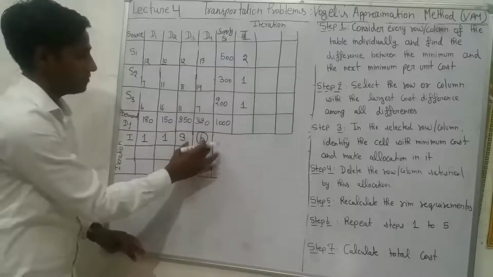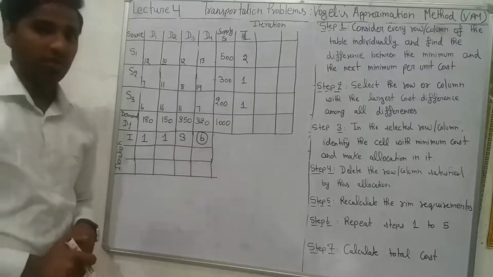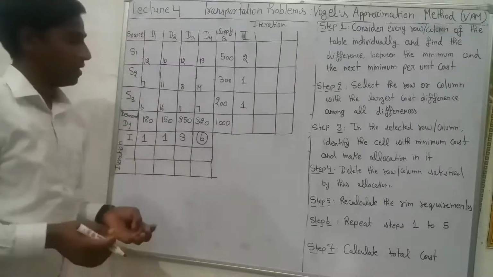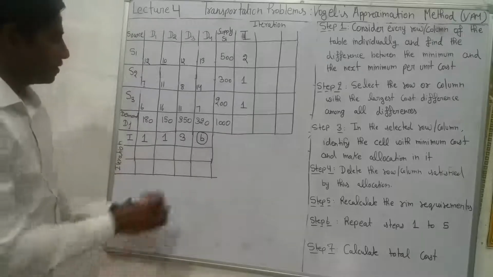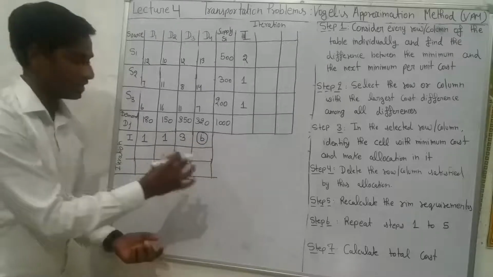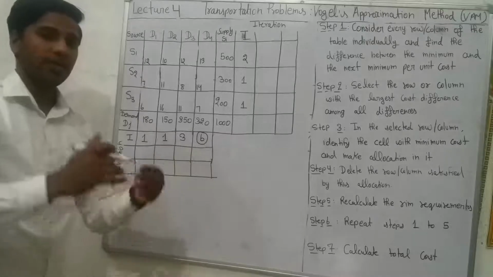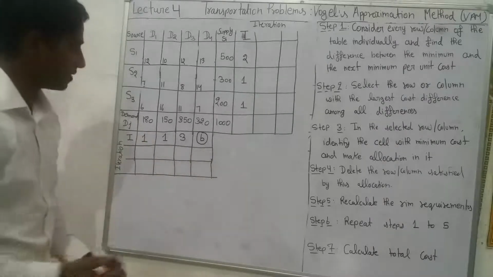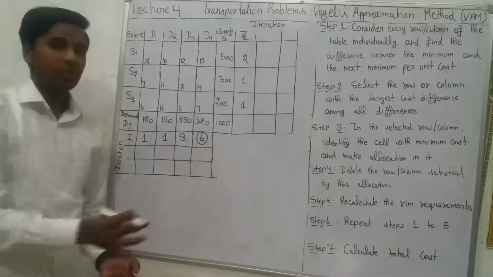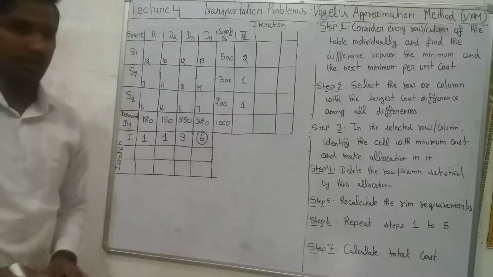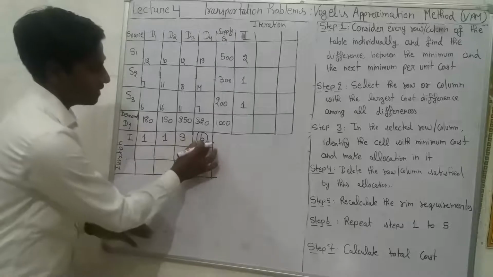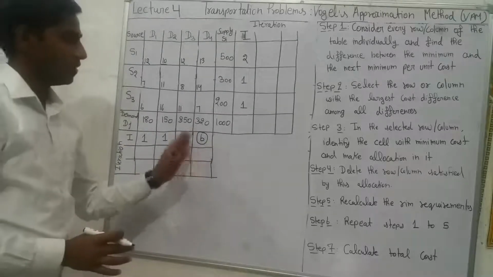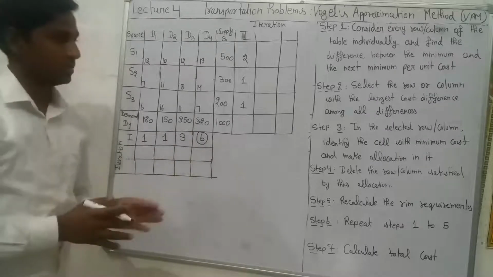So we should give extra consideration, extra effort, to reduce this penalty. That's why we give our initial focus to the row or column which has the maximum penalty. It should be the key or critical column. That's why we select the column or row with the highest cost difference.